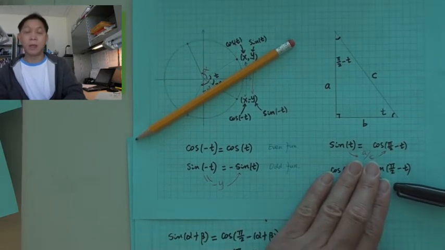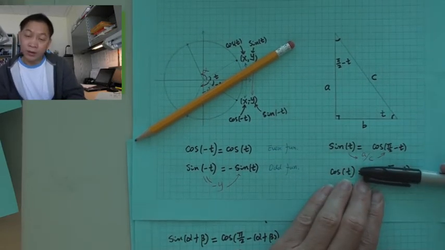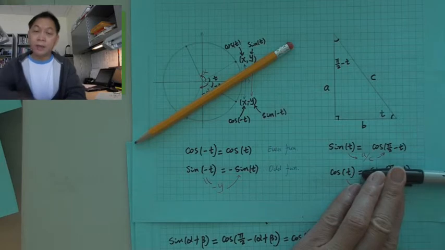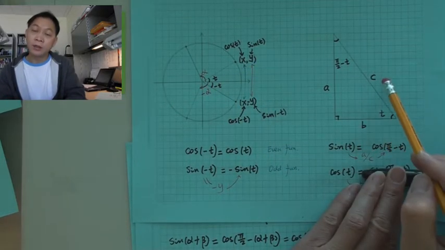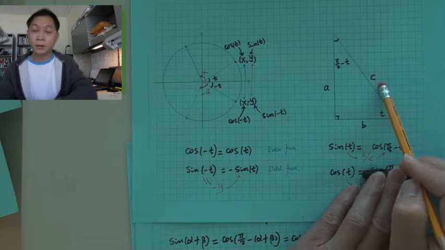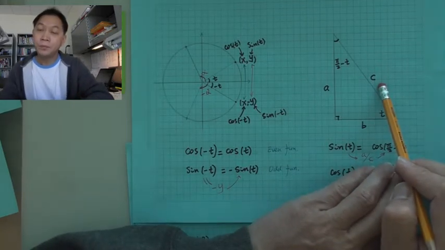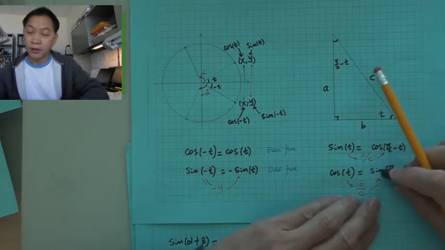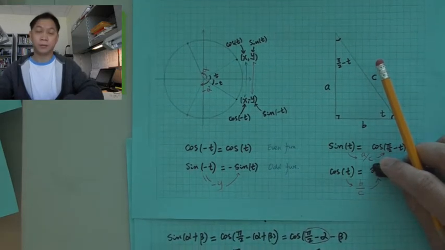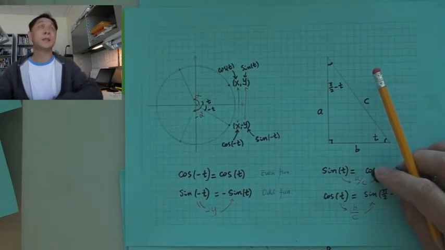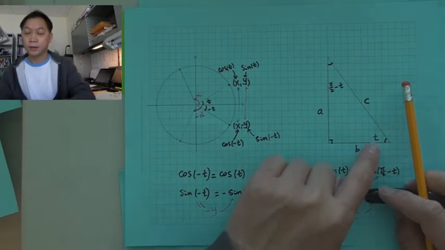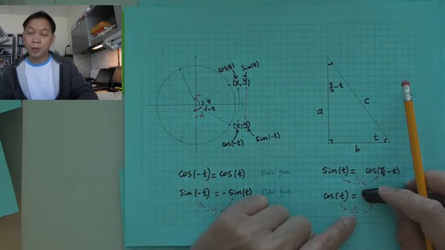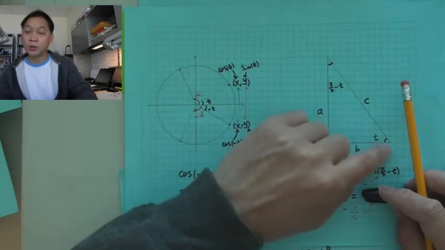All right. Now you may wonder, how about cosine T? Similarly, you can do the same. Cosine T is adjacent side over hypotenuse, B over C. You see, right here. Cosine T is B over C. But B over C is opposite side over hypotenuse for this angle.